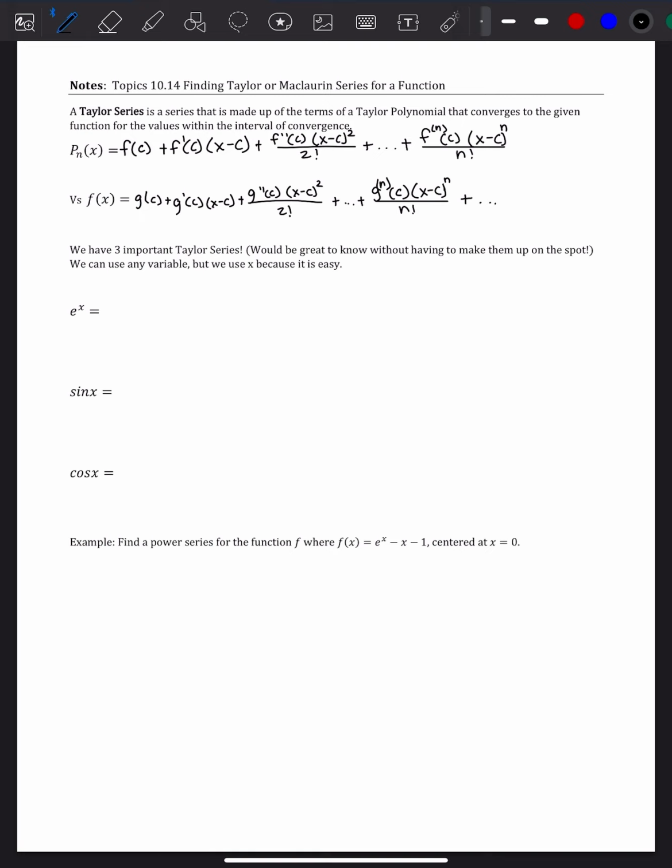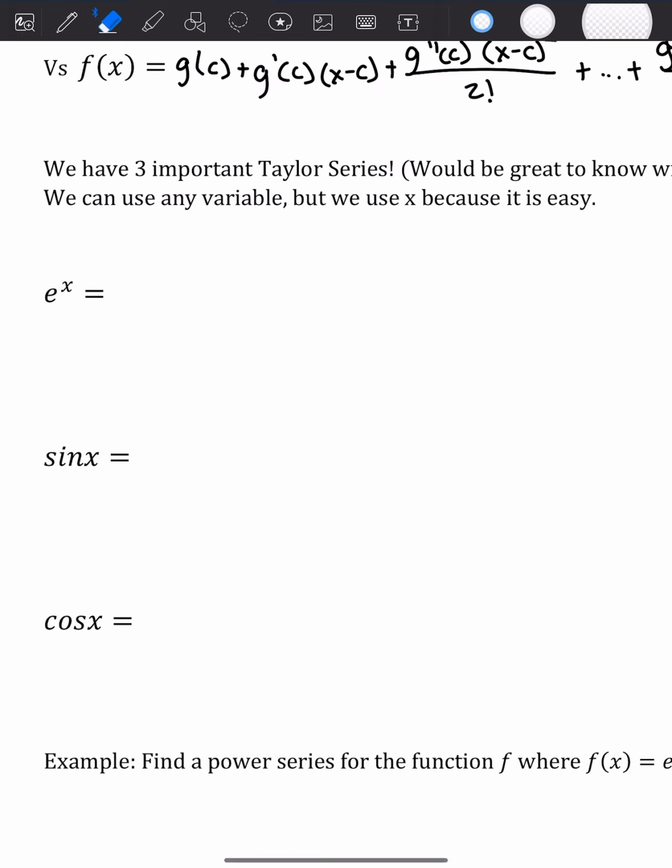So e to the x we kind of talked about when we started learning about Taylor polynomials. I know my first term is going to be 1 because f of whatever our value is, so if it's centered at 0, we get this.